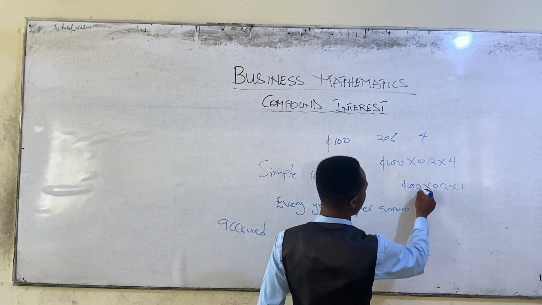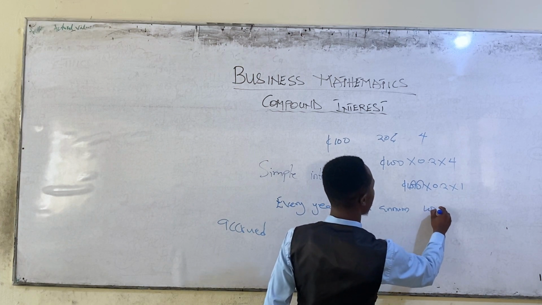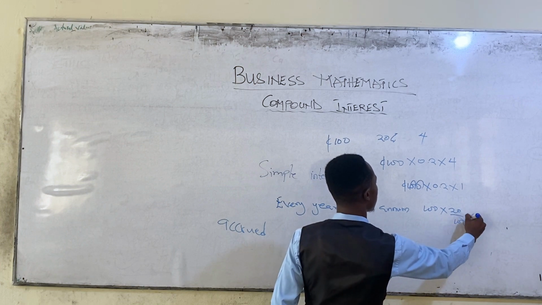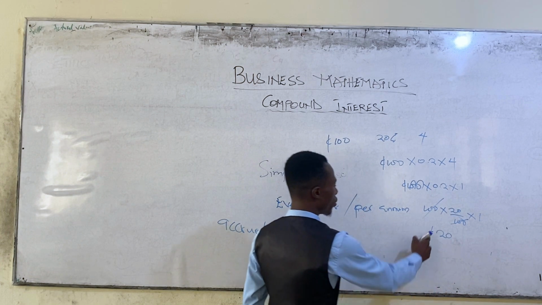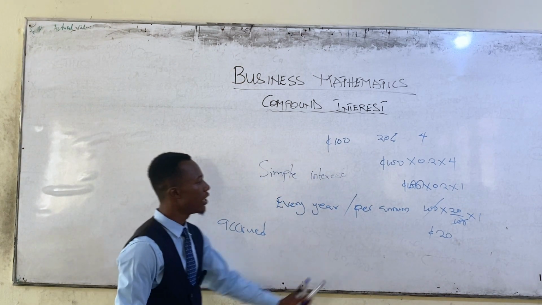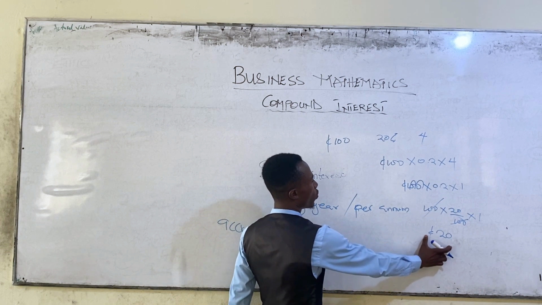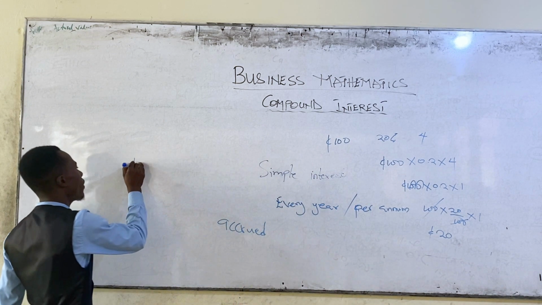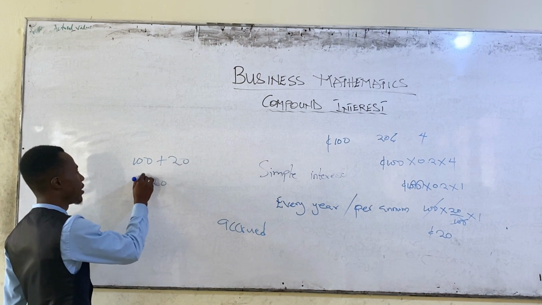So you are going to get 100 multiplying 20 over 100 times 1. So this will cancel out this, and you're going to get 20 Ghana cedis. So the 20 Ghana cedis becomes the interest for the first year under compound interest. Then you add this 20 to your principal 100. So you're going to get 100 plus 20, and now you have 120 Ghana cedis.